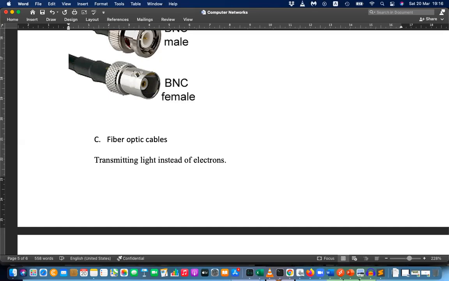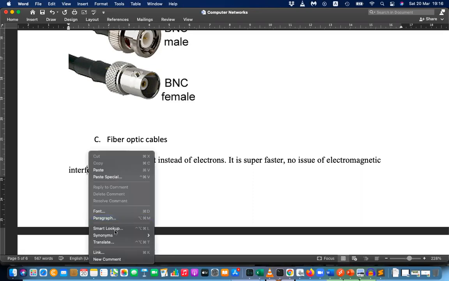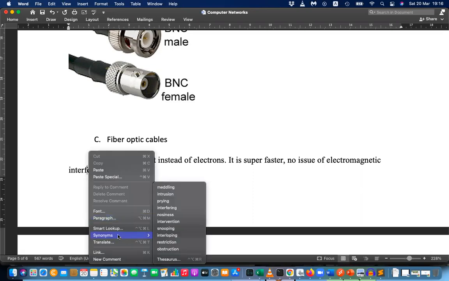Transmitting light instead of electrons. It is super fast, with no issues of electromagnetic interference.